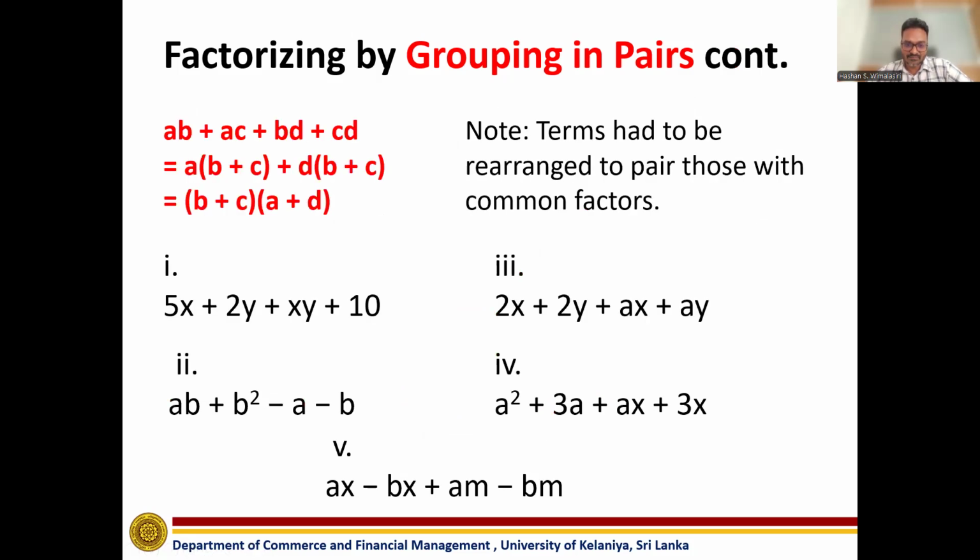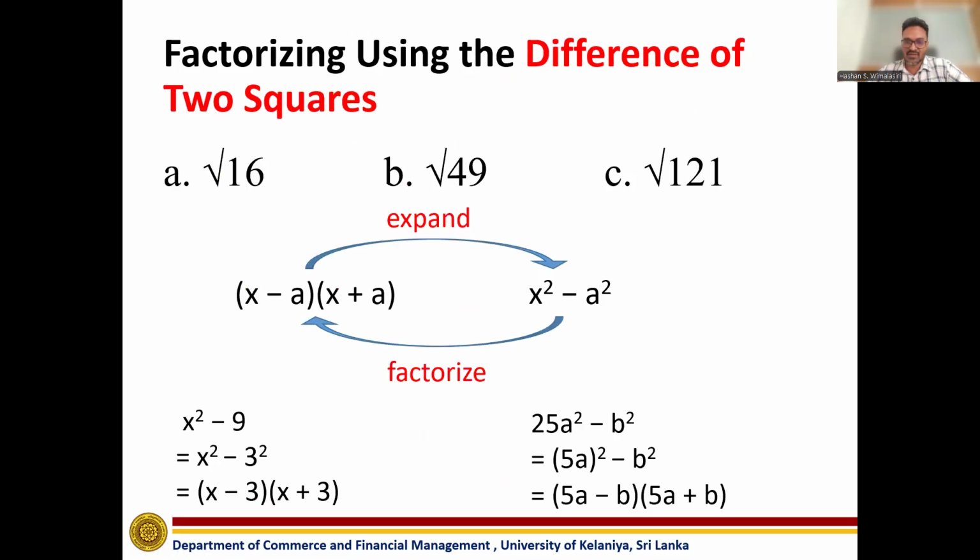And then here few exercises, and then the difference of two squares, right? I think you can remember it from O level mathematics. If we have x power 2 minus a power 2, we can write it down as within brackets x minus a, within brackets x plus a, right?